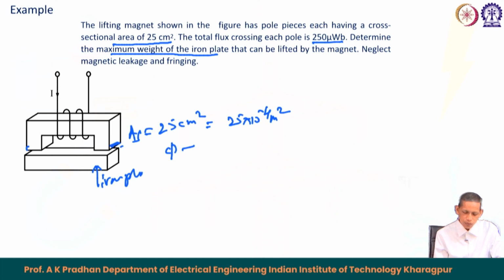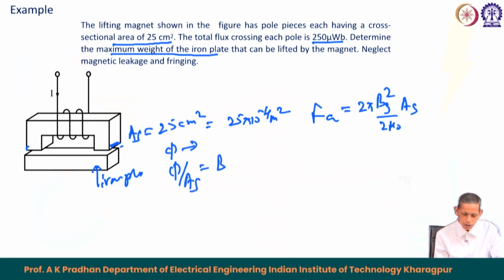We know that the corresponding total Fa which will be exerted on both sides becomes equal to 2 into Bg square upon 2 mu naught into Ag, and Bg is nothing but phi, which is known to us, divided by Ag.